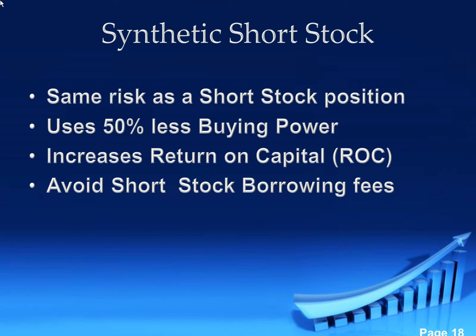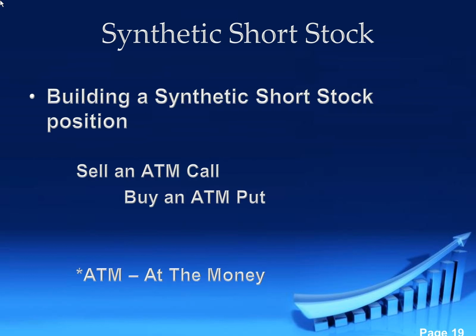The best way to do it is to use these options in order to achieve the same thing. Why would I go out there and put up more money, risk more money, have less return on capital, have all of these fees associated with it, when I could just go into the option montage and create the same type of position, right? And it's easy enough.